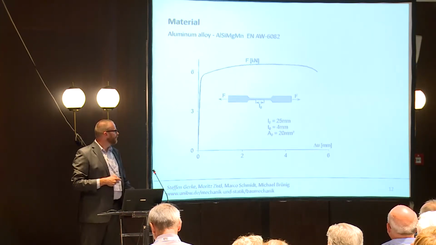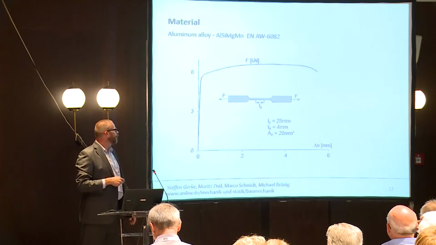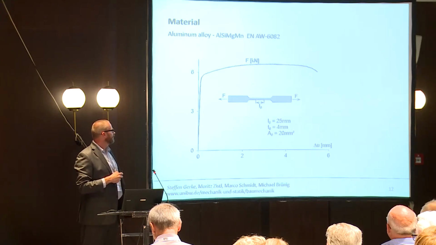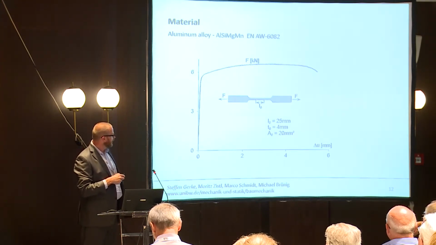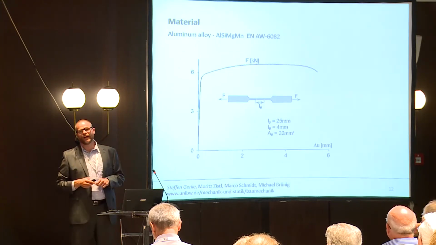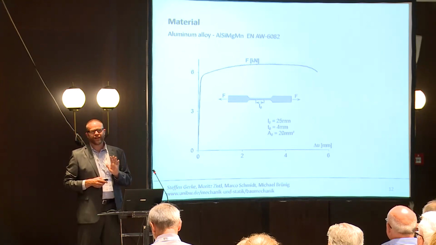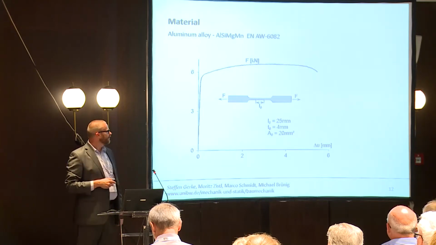Okay, briefly on the aluminum. We are right now working on an aluminum series 6000. Here you can see a force displacement curve, and you can see we reach maybe strains of around 16 to 20%. So it's not very high strains. You will find more ductile materials.